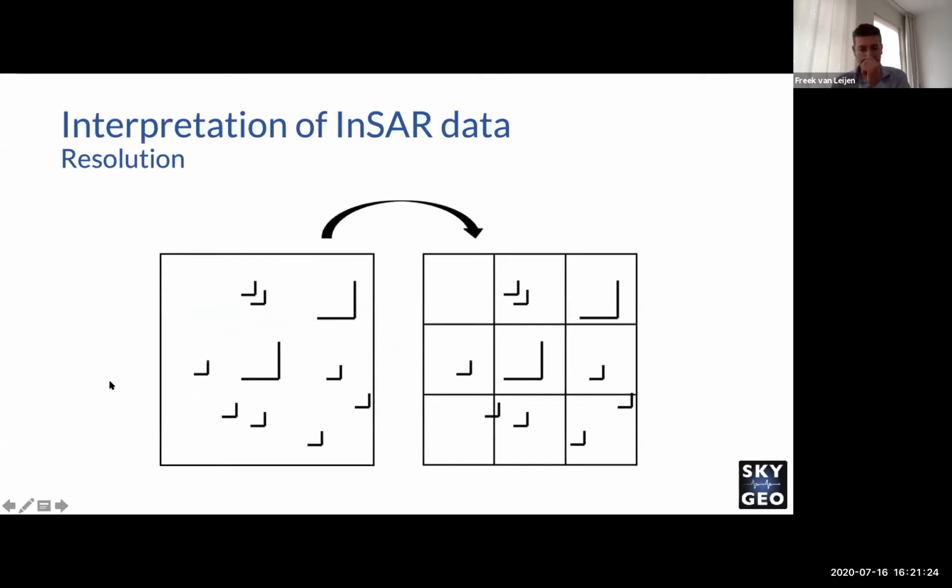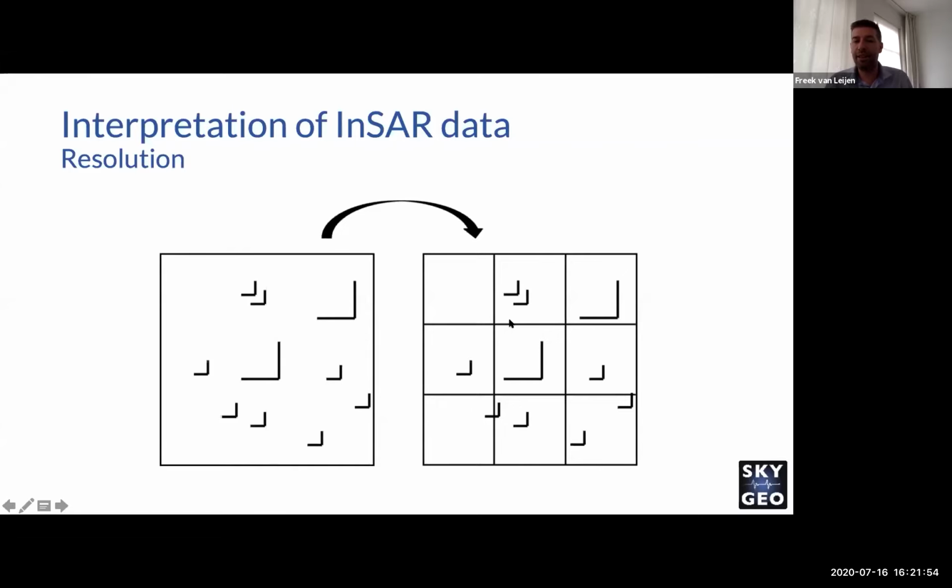And then something else useful for you to know is the effect of resolution. I showed you a slide with different satellite systems and they have different resolutions. This resolution also determines the amount of detail that we can provide in an InSAR data set. In this graph, you see two examples of resolution: a coarser resolution, and here a finer resolution.